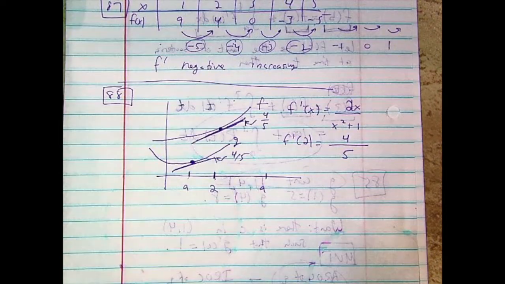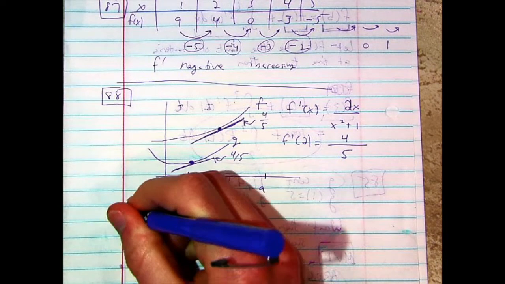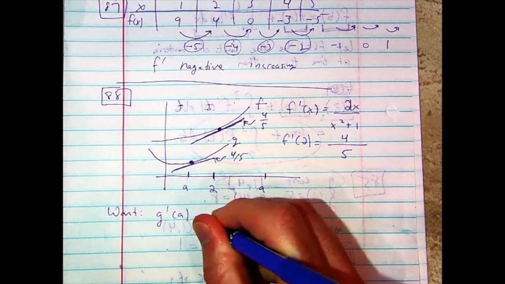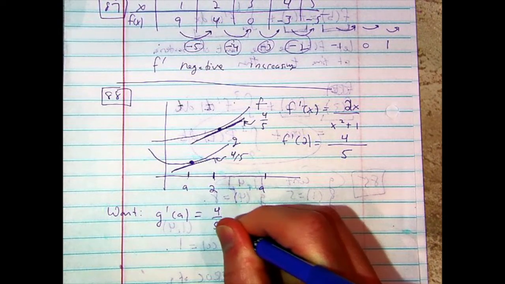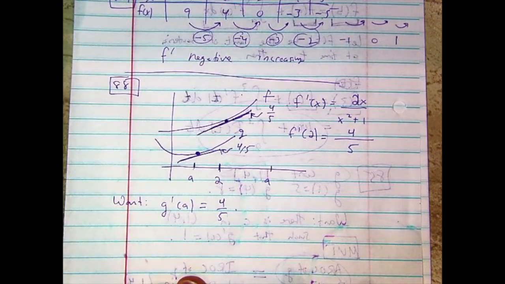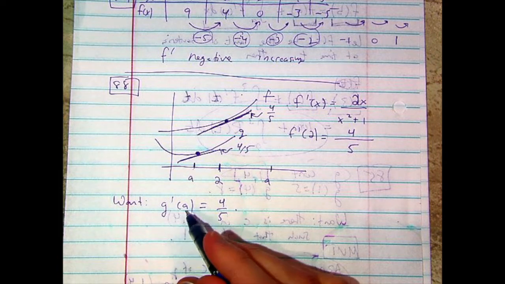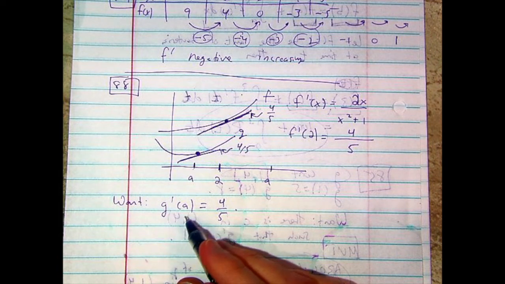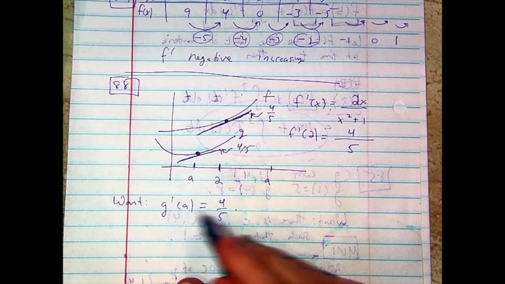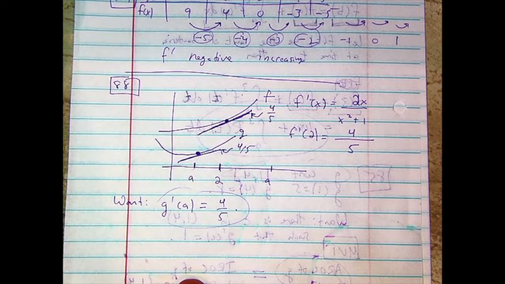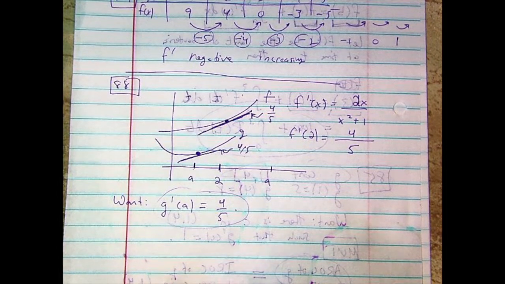Now, what we want is G prime of A to be equal to 4/5. Because we want the slope of the tangent line to G to be 4/5, and the slope of the tangent line is G prime, and we want that to happen at A. So we're going to be able to solve this equation for A. That's the idea.